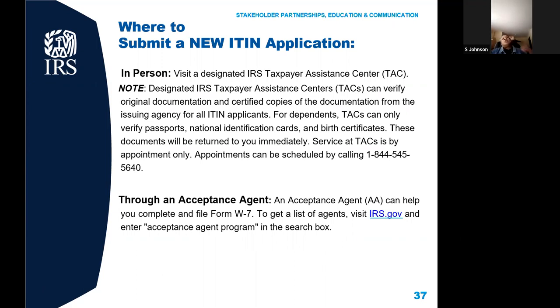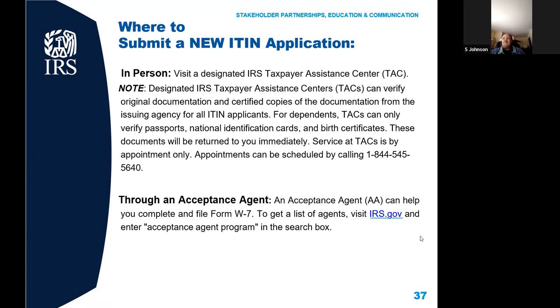A lot of people do not want to mail their original documents. They're worried about them being secure. Also, the processing time currently in this filing season is 9 to 11 weeks to be without your document. So the taxpayer can make an appointment to come into what we call a taxpayer assistance center, also known as the walk-in offices.